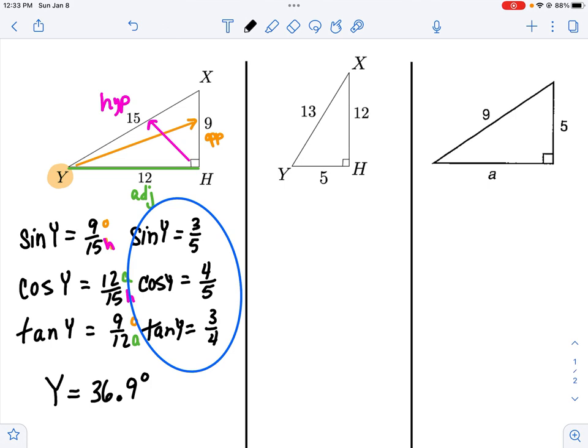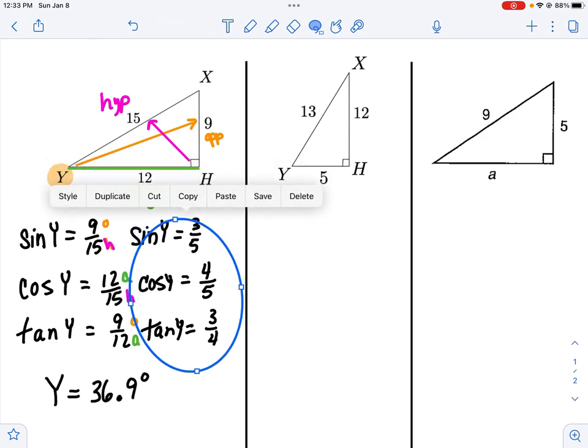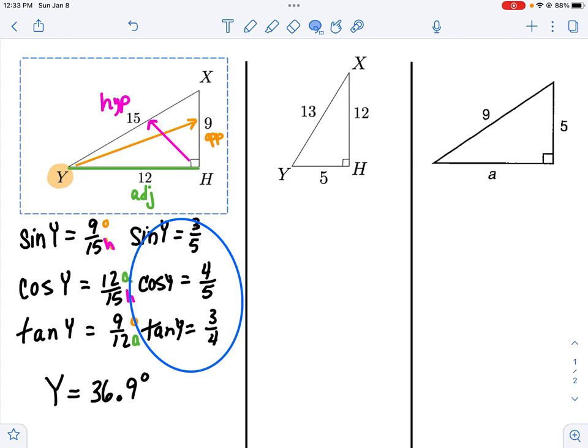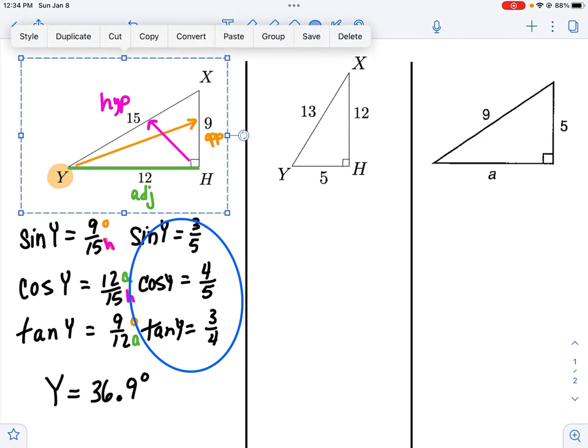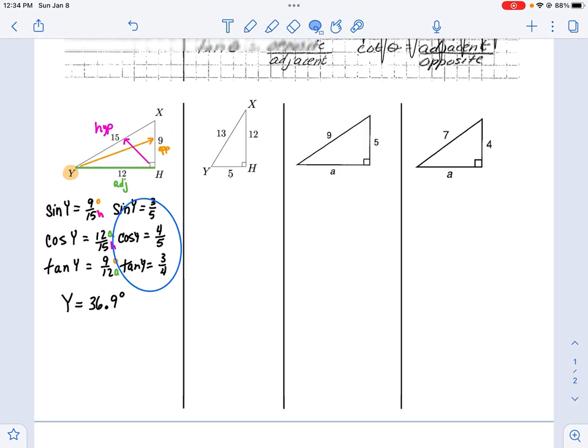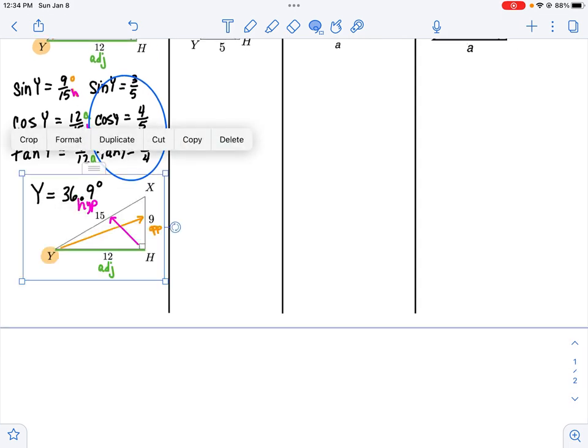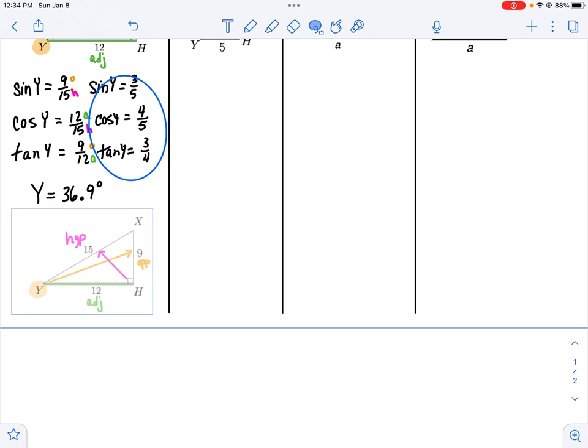Now, a lot of people would tell us that if we don't want to reduce our fractions every time we write a fraction, once they have this information right here, they would take that information and reduce the fraction before they started.